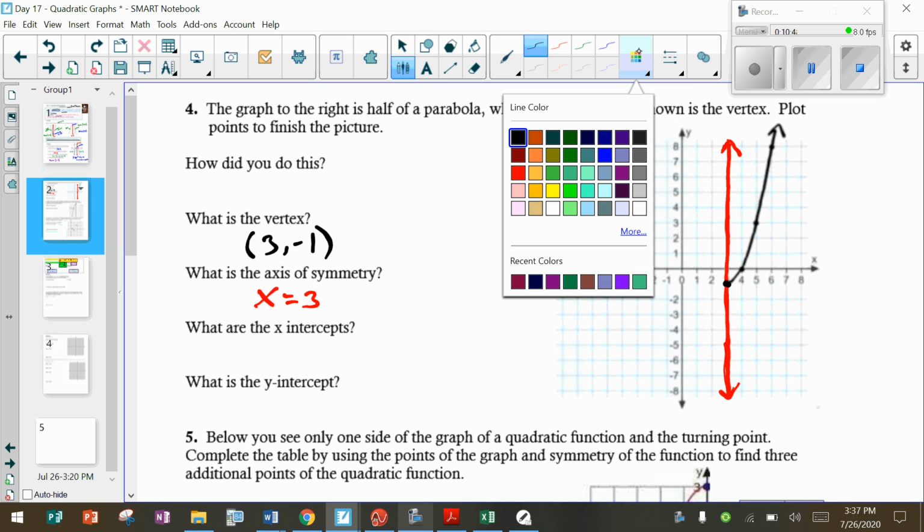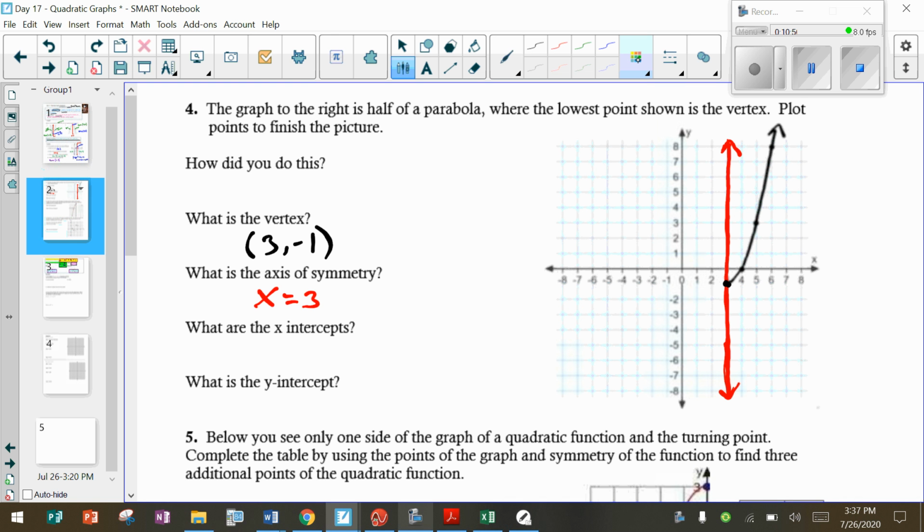So to graph the other half, what we're going to do is identify our point on the right-hand side, count horizontally to the axis of symmetry, and then count the same number of boxes in the opposite direction. So for my root at 4, it is 1 box away from the axis of symmetry, so go 1 box to the other side to make its matching point.